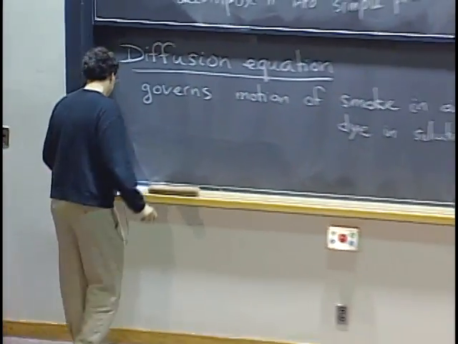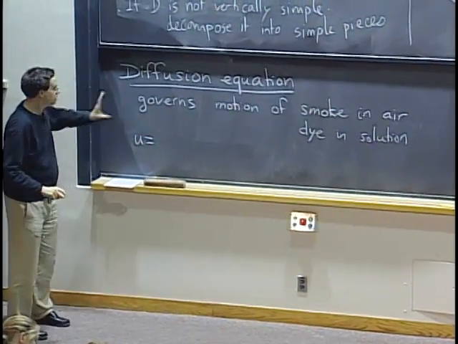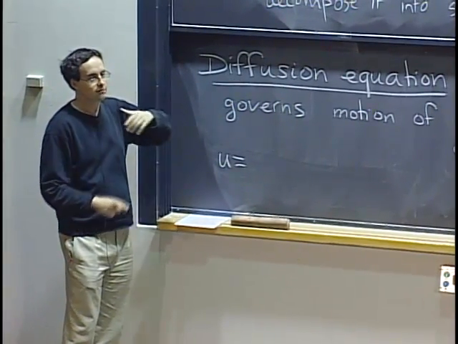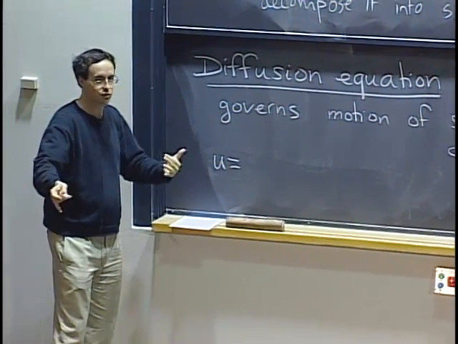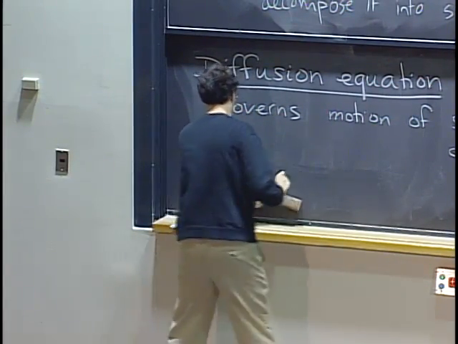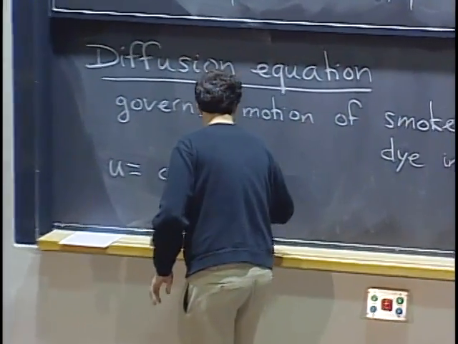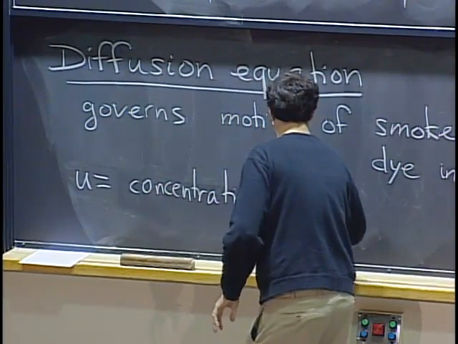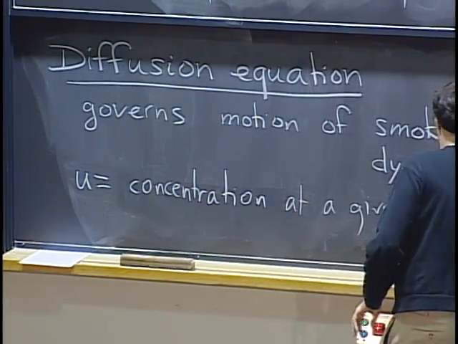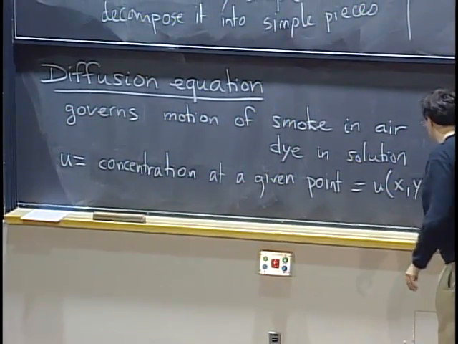So what's the equation? Well, we need first to know what the unknown will be. It's a partial differential equation. The unknown is a function, and the equation will relate the partial derivatives of that function to each other. So u, the unknown, will be the concentration at a given point. And of course, that depends on the point where you are, so it depends on x, y, z.